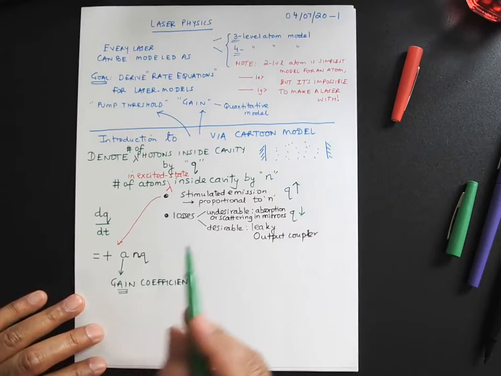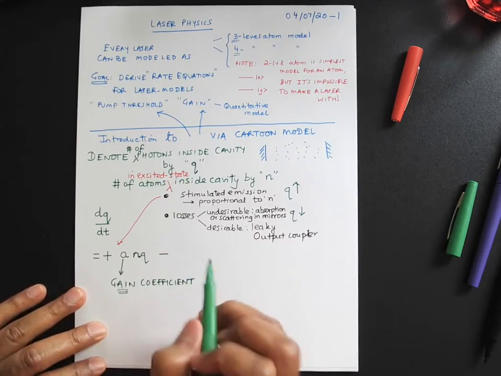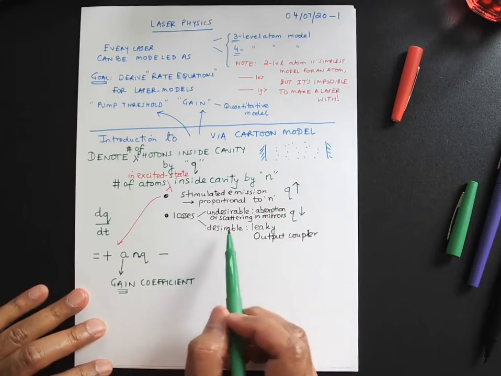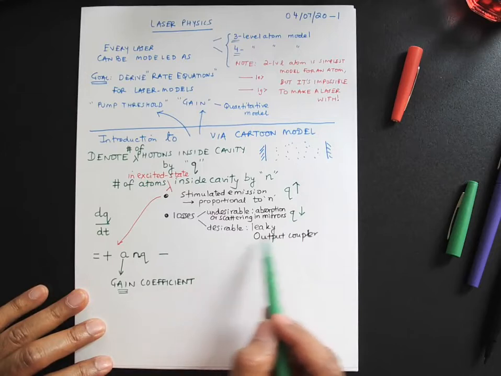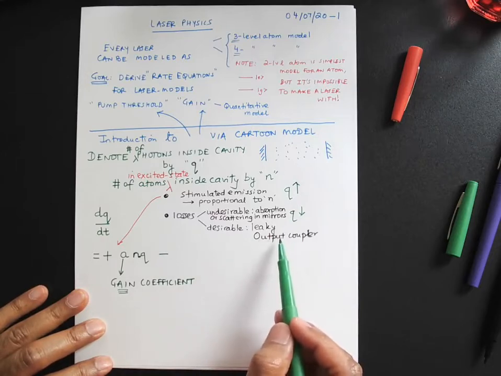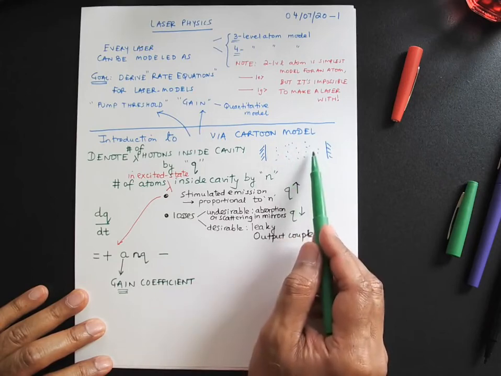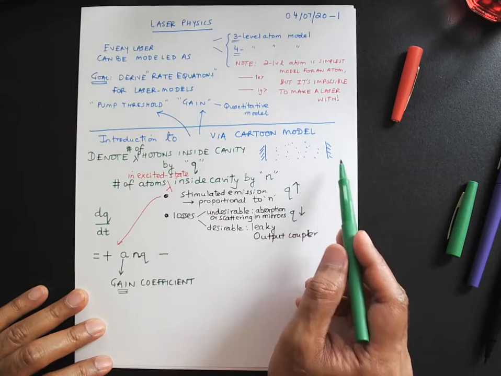And then what about the losses? So the losses I will show with a negative sign. And the losses, again, how much will leak out through the output coupler? Well, the more photons you have inside the cavity, the more they will leak out. So that's one thing.